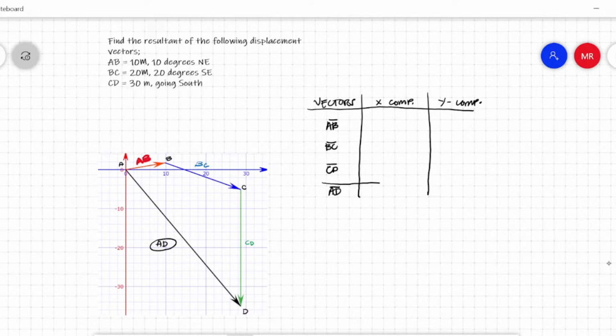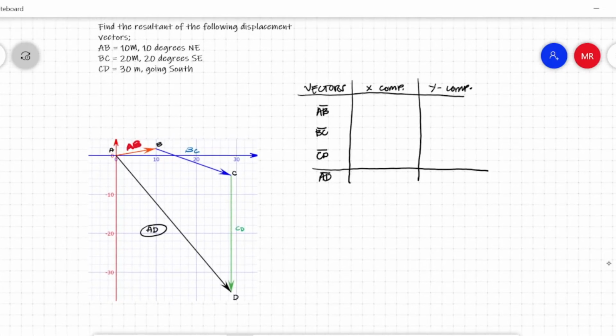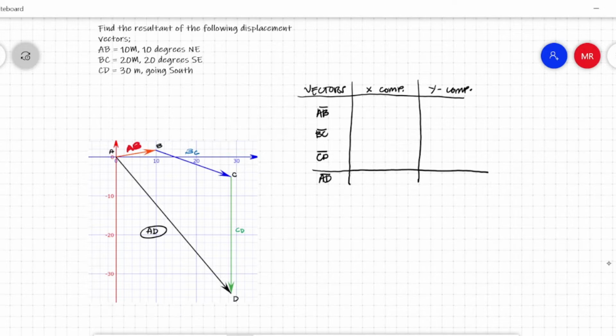So when we sum all the x components of these vectors, that will be the x component of our resultant vector, vector AD. So let us consider our vectors individually. Let's consider vector AB. If we plot vector AB, it will look like this. This is vector AB with an angle of 10 degrees north of east.